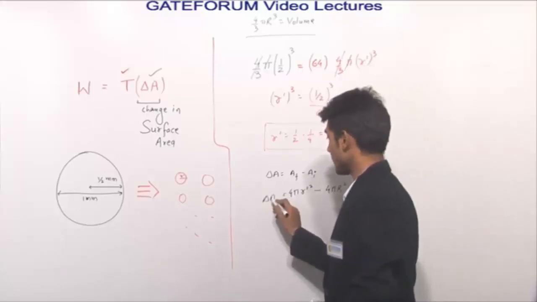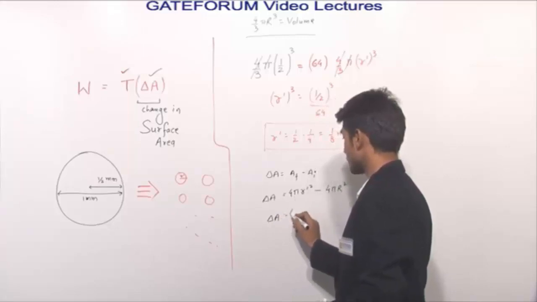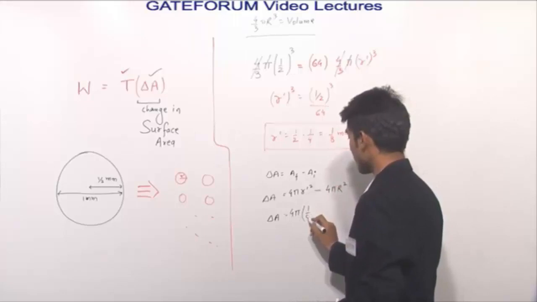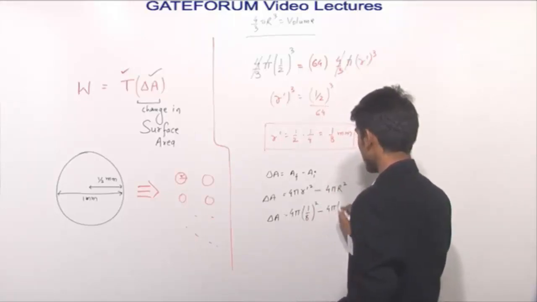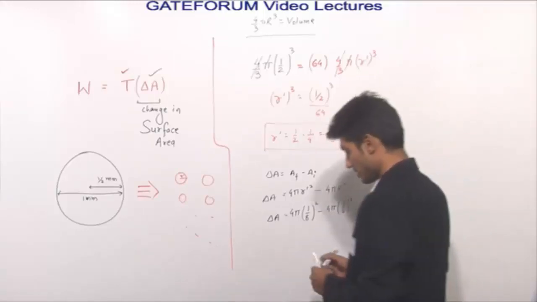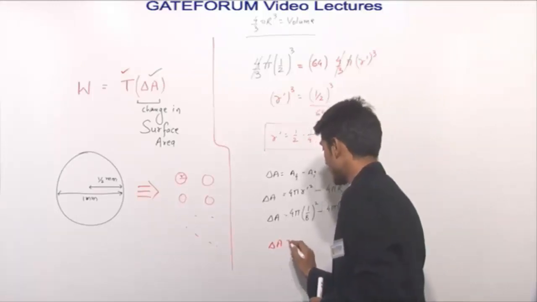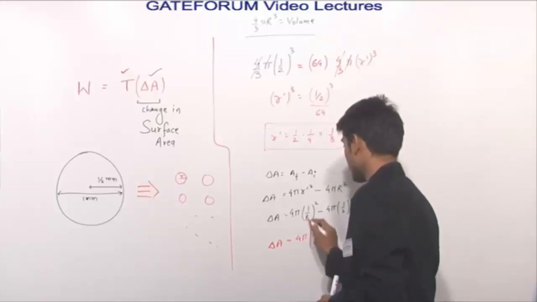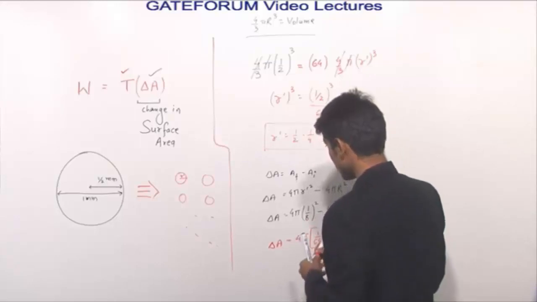So, change in area is 4 pi r dash square, where r dash is 1 by 8, so 1 by 8 whole square, minus 4 pi R square, that is 1 by 2 square. We can write it as delta A equal to 4 pi. If we take common, then it will be 1 by 64. It is 64 times.